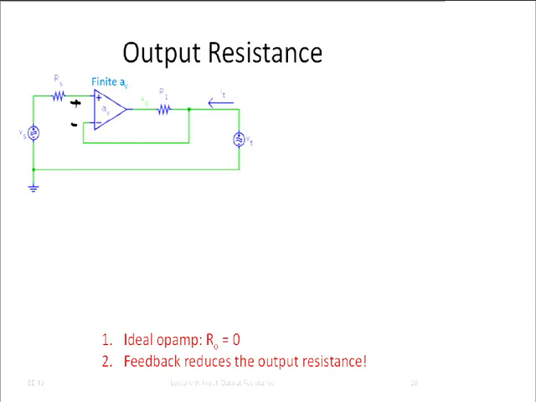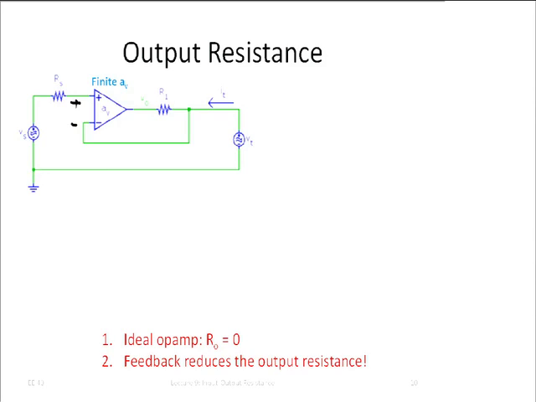Okay, the other non-ideality that I introduced here is that ideally, operational amplifiers at their output are just like voltage sources with zero output resistance. So in this example, we're going to look at what happens if the operational amplifier does not have zero output resistance.